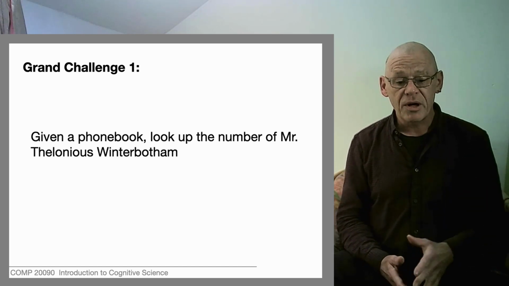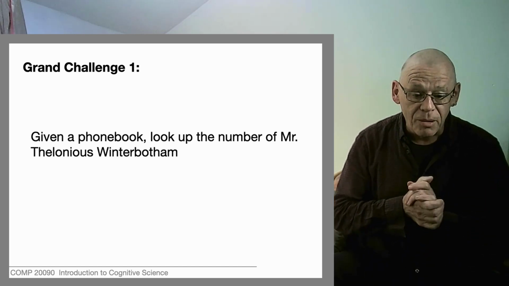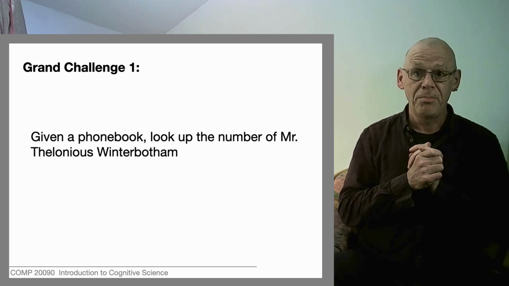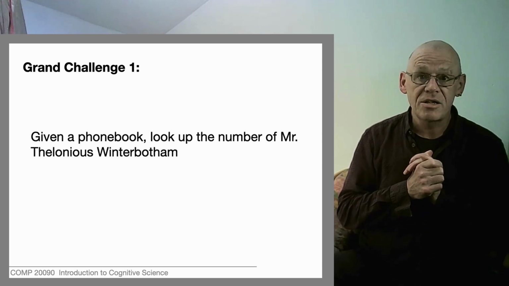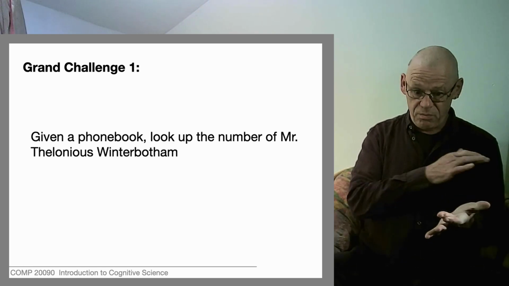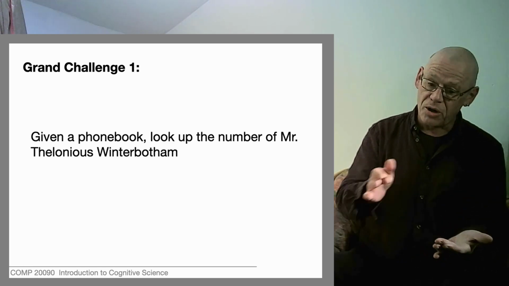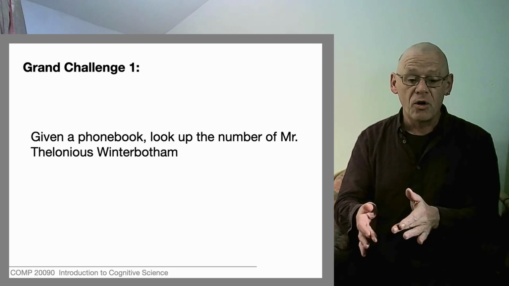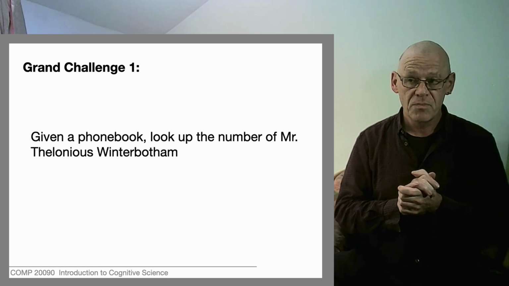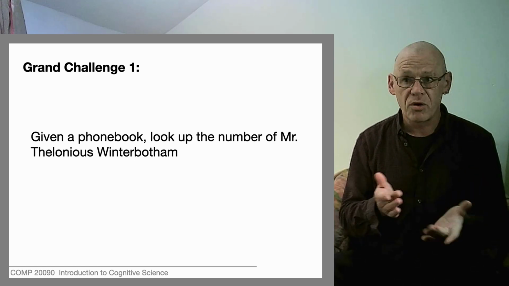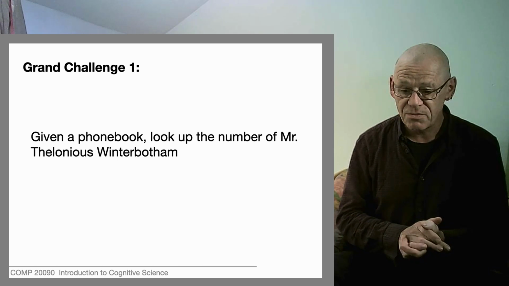If I give you the phone book and ask you, what's the phone number of Mr. Thelonious Winterbottom, it's a fairly easy question to answer. You open the book, they're alphabetically ordered, you go to W, and then you quickly home in and find Thelonious Winterbottom. An operation that shouldn't take more than 20 seconds.